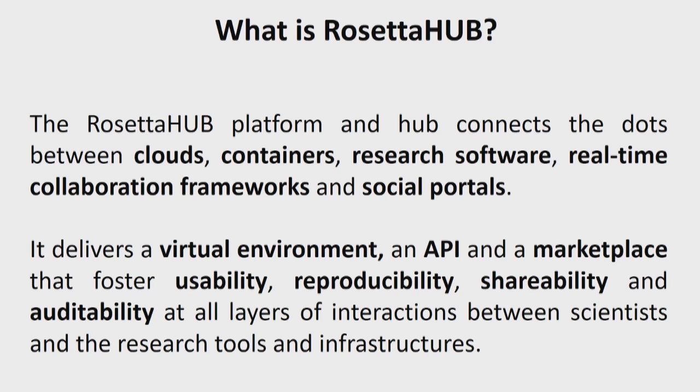Basically, everything you produce, any data science app, any artifact that comes out of the platform can go to this marketplace to be discoverable, to be accessed and acquired and used by your peers or your students. The key requirements of the platform are, first and above all, usability, reproducibility, shareability, and auditability of everything you do, and at all the layers of interactions.